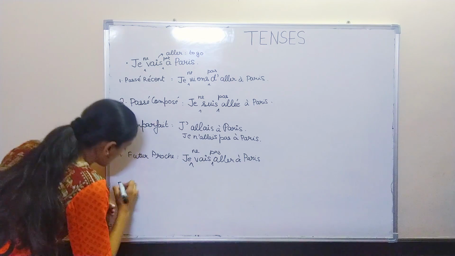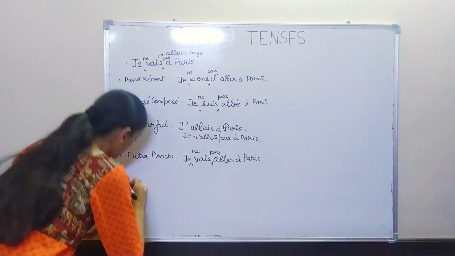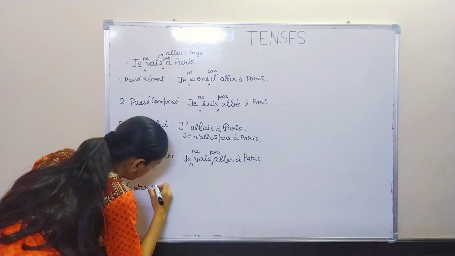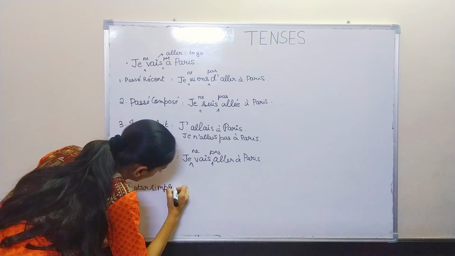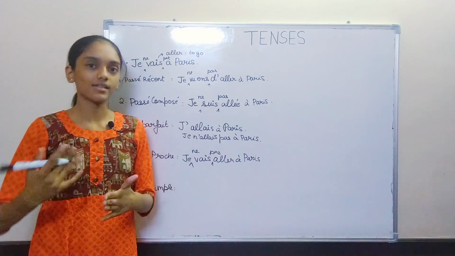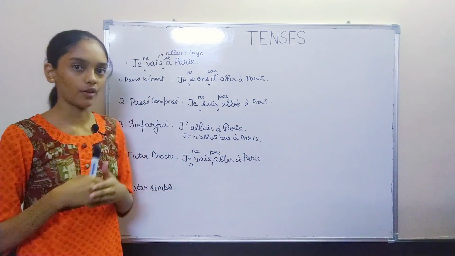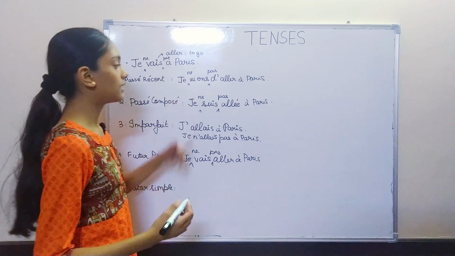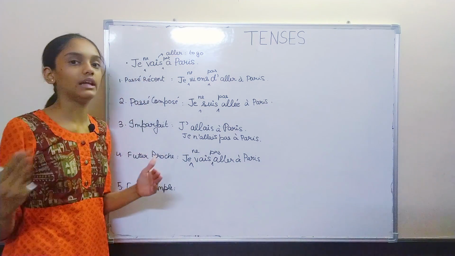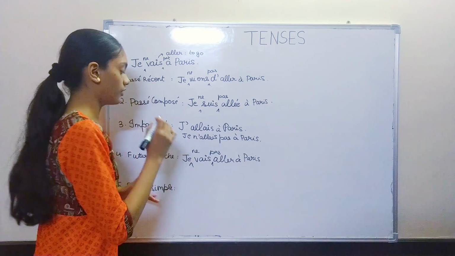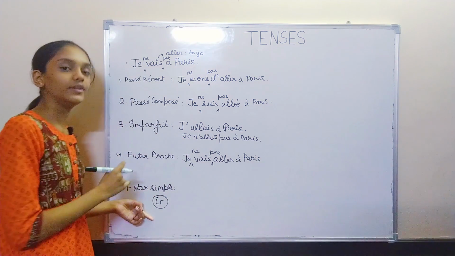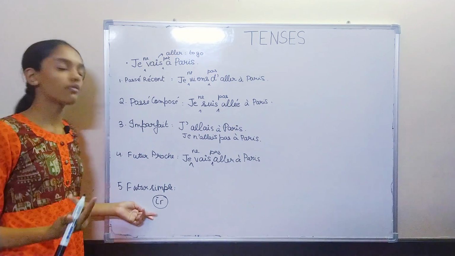And then the last one, it's Futur Simple. So as I told you earlier, in Futur Simple there are many exceptions and aller is one of them. So aller changes to ir for je form. So the radical which is left is IR, and to IR we add the conjugations of avoir.